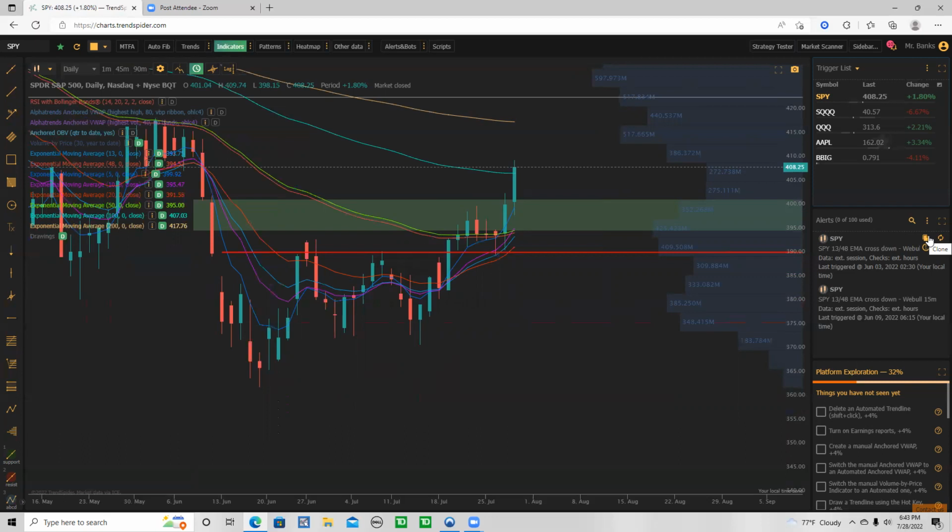So now we have 417 as the 200 EMA on the daily. We had 417 as the 50 EMA on the weekly. And then we had 418 as the 10 EMA on the monthly. So now this keeps adding up to being a very big level, right? 417, 418 is a very big level to watch.